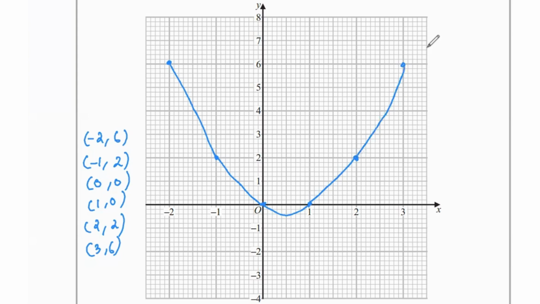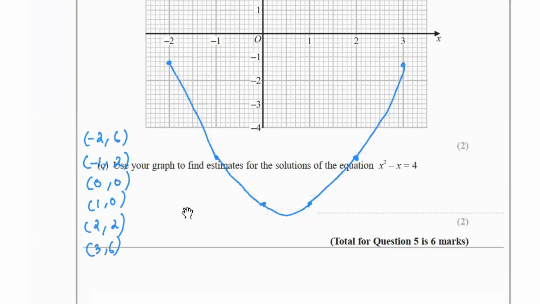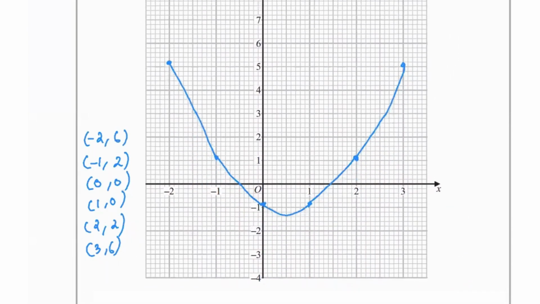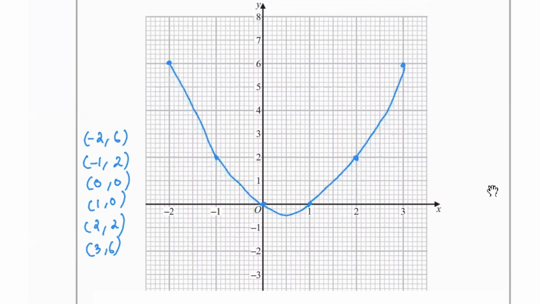That's a quadratic graph. Then it's saying use your graph to find the estimates for the solution of the equation x squared minus x equals 4. If you remember, the original equation was y equals x squared minus x. So now they've replaced y with 4. That means we're going to draw a line at y equals 4, and wherever it intersects the graph, those are going to be our solutions.